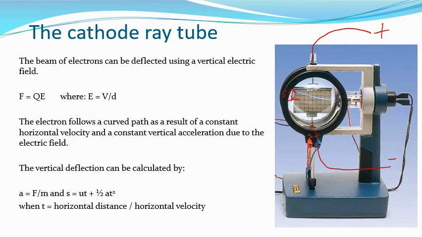The time can be calculated from the horizontal length that the electron is in the field for, which would be this distance in that direction, and the speed that the electron's coming out horizontally from the gun over there. Okay, and this is the work that you've been doing earlier in the unit from there.